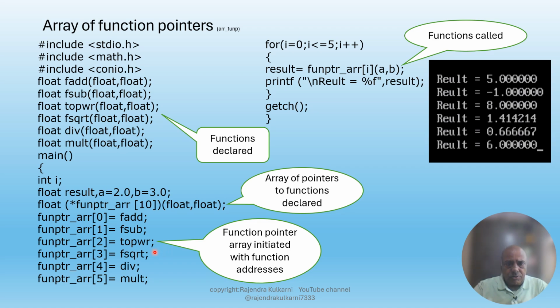Then square root, then div, then multiply. So the last function, mult, will be called when i becomes 5, and we get this result: 3 into 2 is equal to 6.